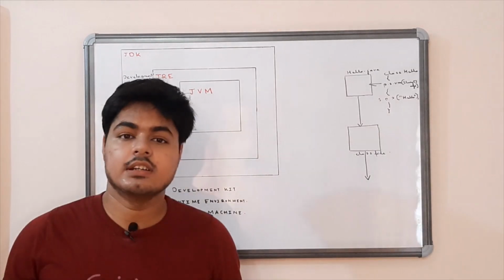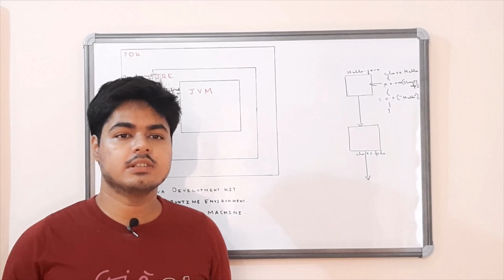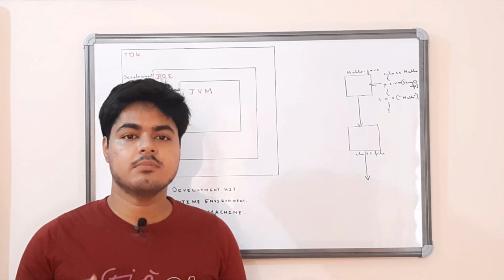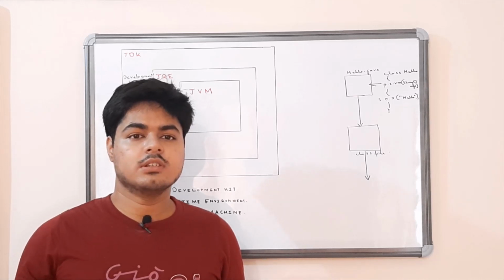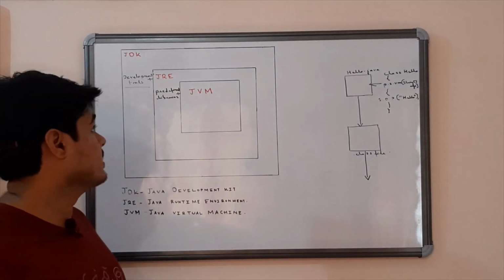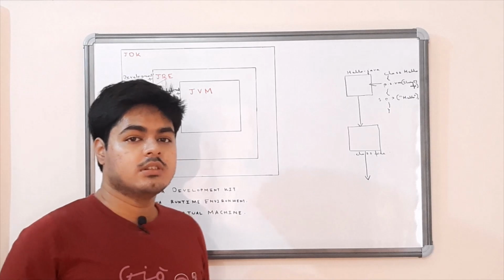Now what is JRE? After you have developed your Java application and compiled it, that bytecode requires an environment where it can be executed. So here is why JRE comes into the picture. It helps the bytecode get executed.